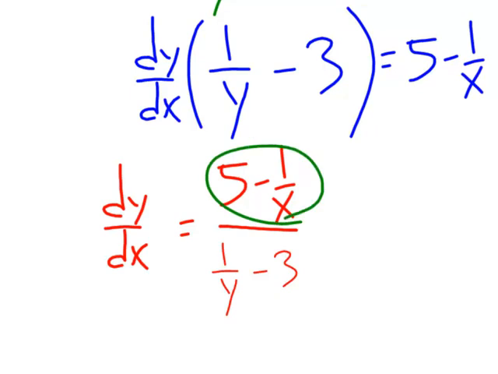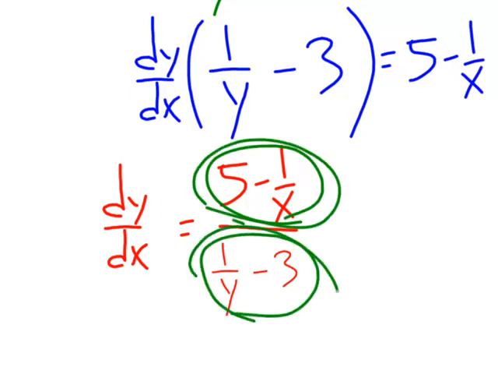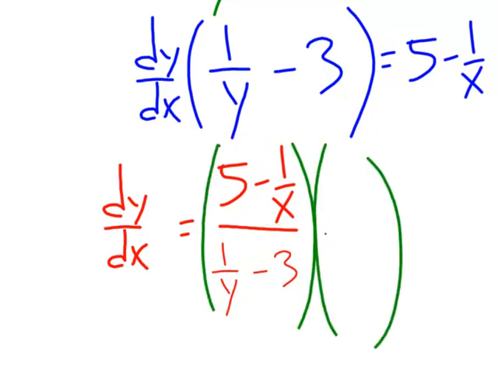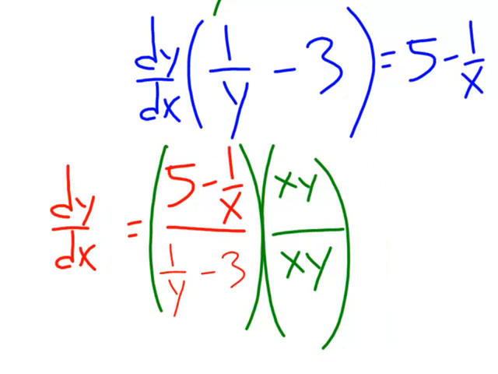You could do the common denominator up here, and then a common denominator up here, and then do this fraction divided by this one. But the way I prefer to do it is to say I'm going to multiply this fraction times xy over xy. And do you see why that's going to help us out? Well, it's because when I distribute the xy, it'll resolve both this fraction and this one.